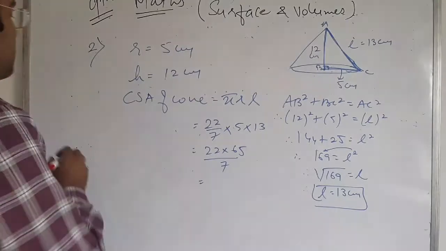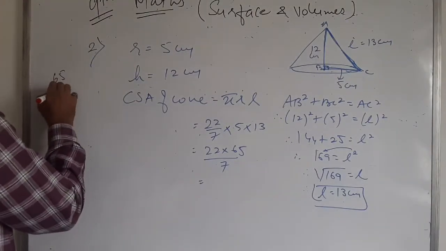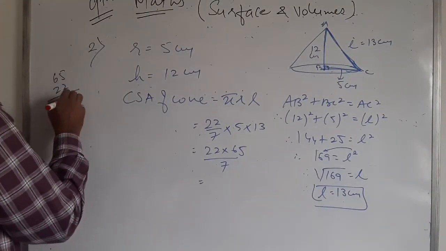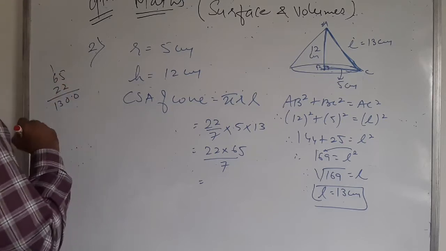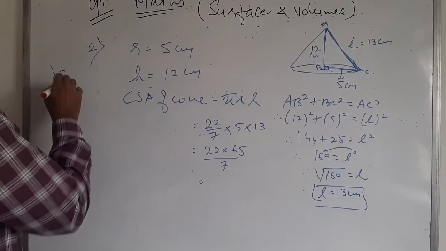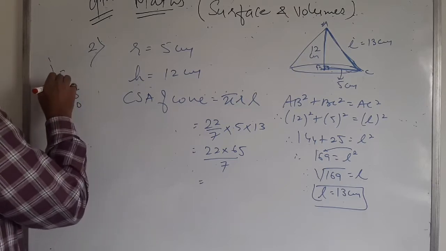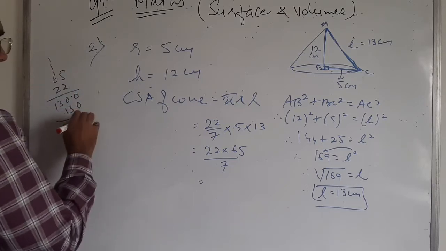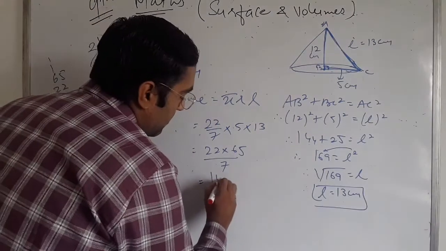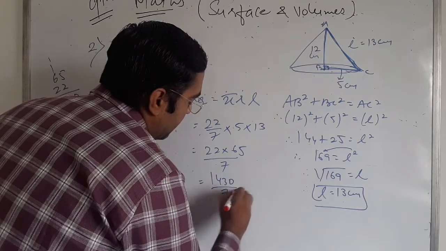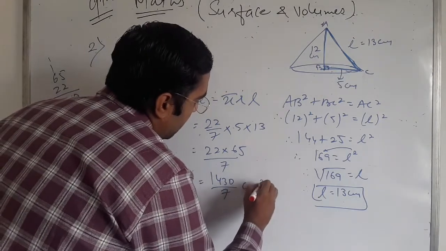So 65 into 22 gives 1430 by 7 centimeter square.